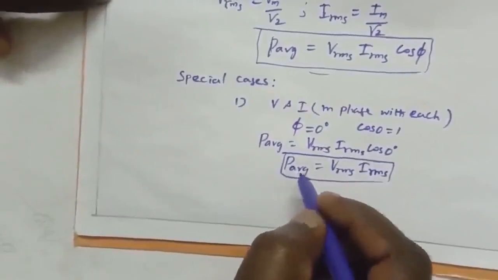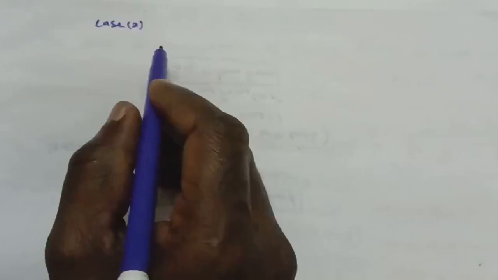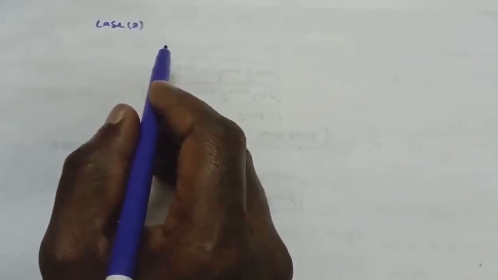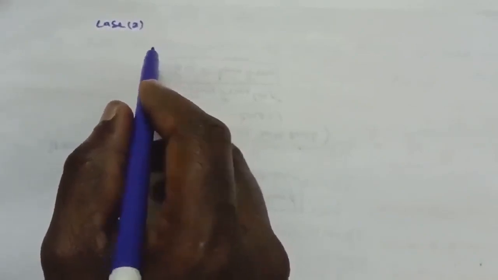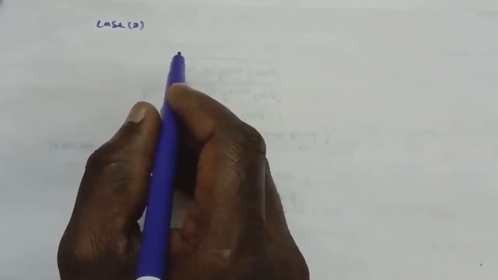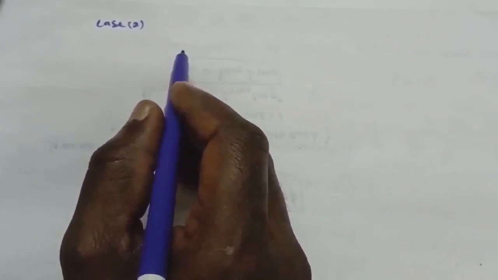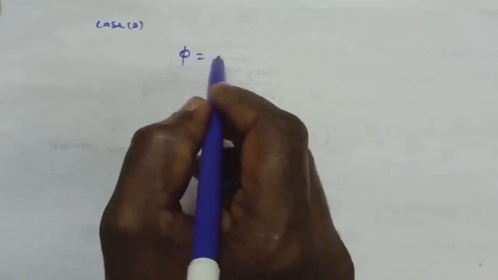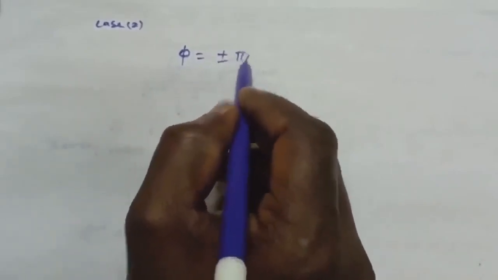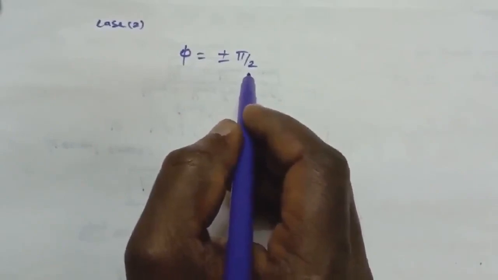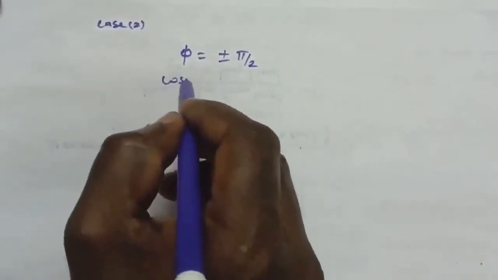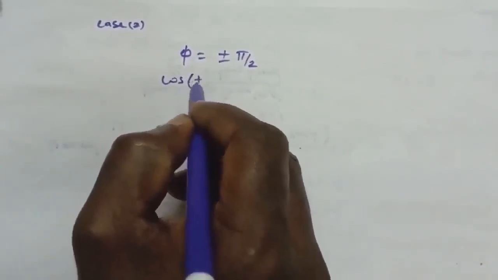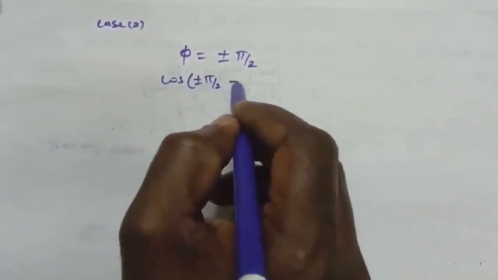Then the second case: a purely inductive circuit or capacitive circuit. What is the phase angle? Inductive circuit, minus pi by 2. Capacitive circuit, plus pi by 2. So in an inductive or capacitive circuit, the phase angle phi is equal to plus or minus pi by 2. Therefore cos of plus or minus pi by 2 is equal to what?